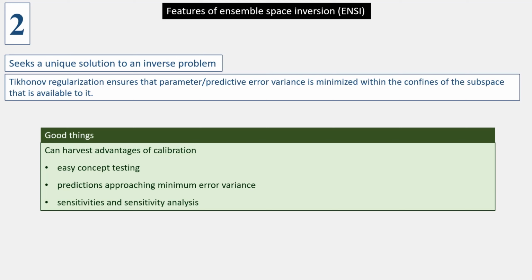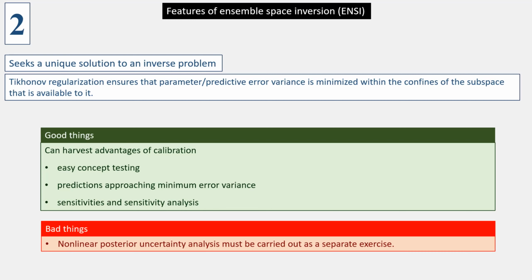And we get sensitivities out of this process, and this can help us identify where concepts or data may be in error. And at the end of the process, we have sensitivities as well, and this can help us to create plots or indicators of what parameters are well estimated and what parameters aren't, given the data we have at hand, given the data that forms the calibration data set.